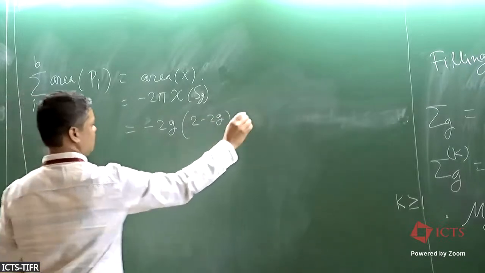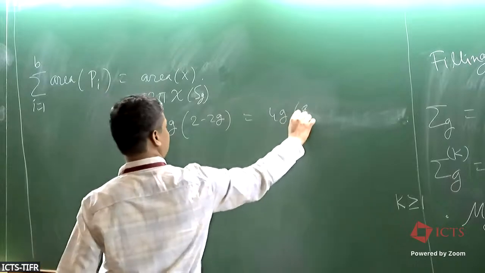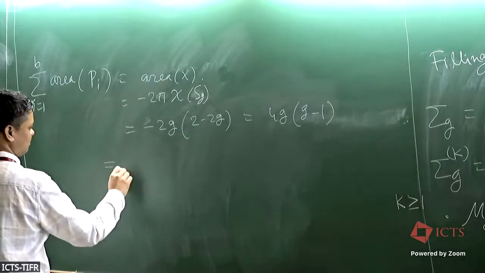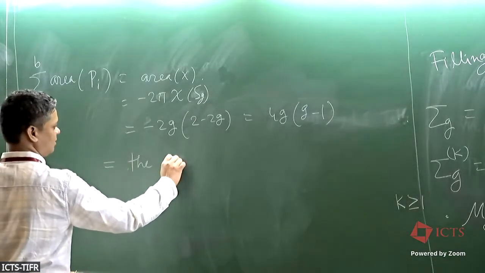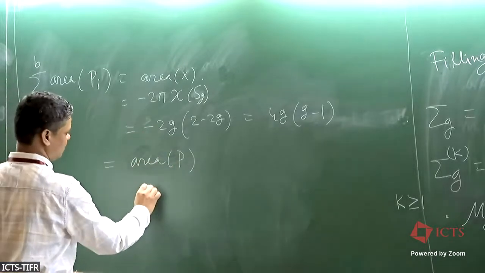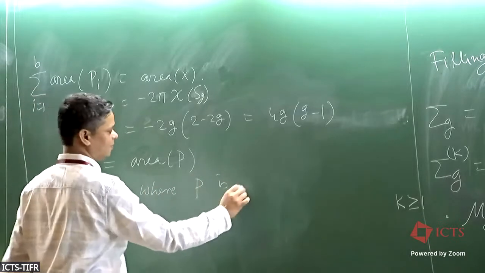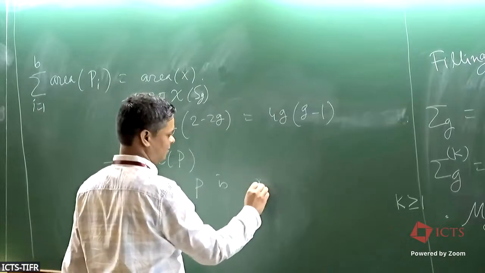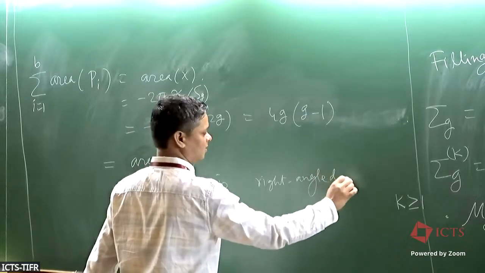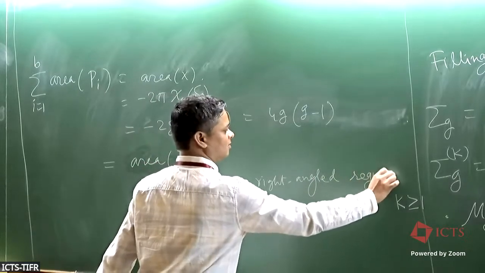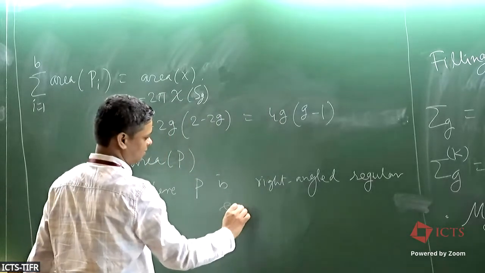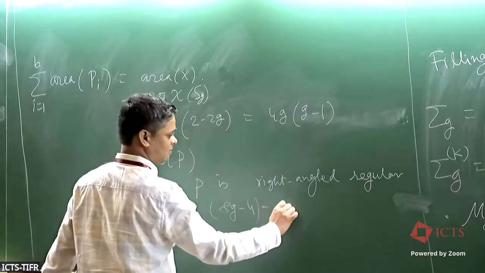So this is basically 4 pi (g minus 1), which is equal to the area of P, where P is the right-angled regular (8g-4)-gon, hyperbolic.